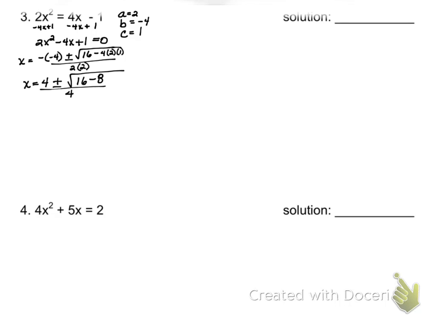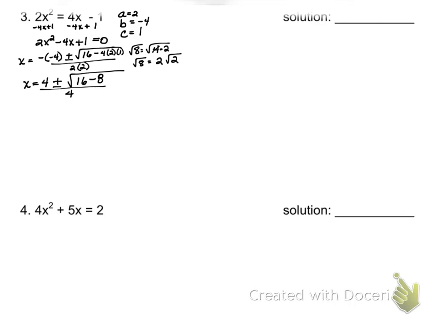Now 8, we simplified that a couple times on our last worksheet, but again, 8 is the same as 4 times 2. So the square root of 8 simplified is you bring the square root of 4 out, and that's 2. That comes out front, and you're left with the square root of 2 that you couldn't do anything with.